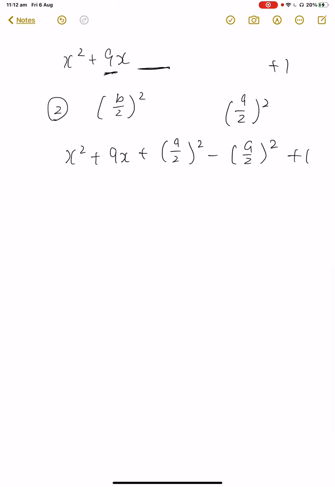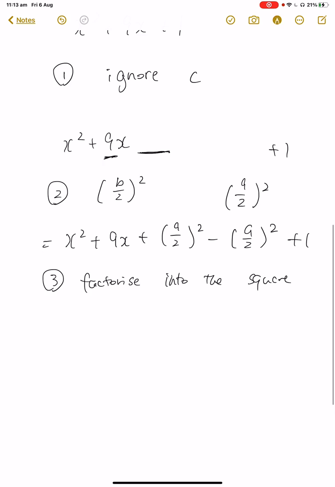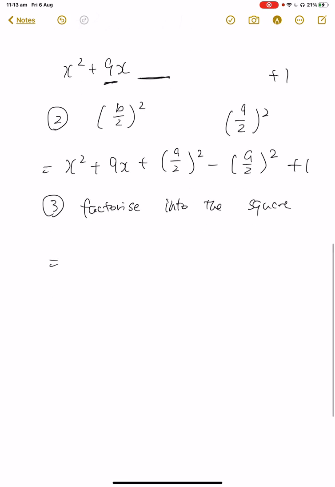All right, and then the third step is to factorize into the square. Can't forget the equal signs. So then we've got our x plus 9 on 2. The b on 2 value is what comes into here.